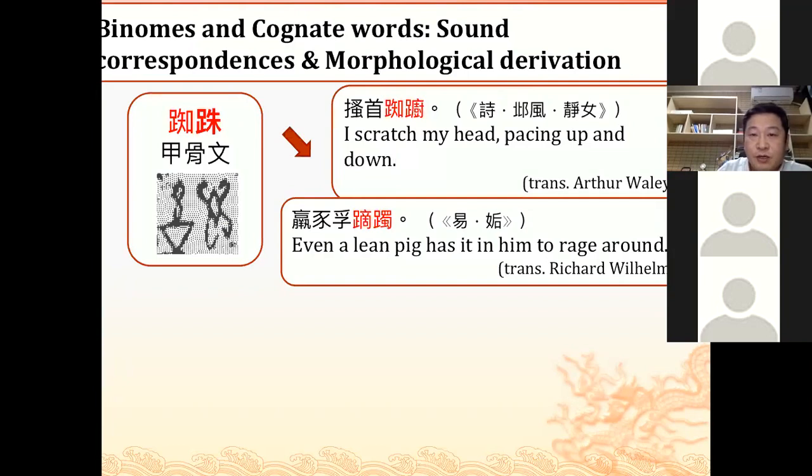For example, in the Book of Songs, the very old anthology of Chinese poetry, we have a poem called 禁语. In that poem, we use this 执竹, 搔首执竹, which means I scratch my head, pacing up and down. 执竹 means a hesitation.